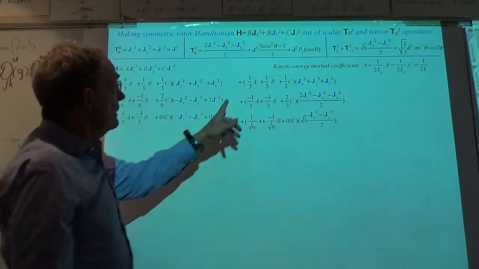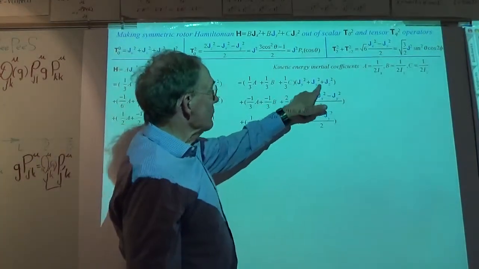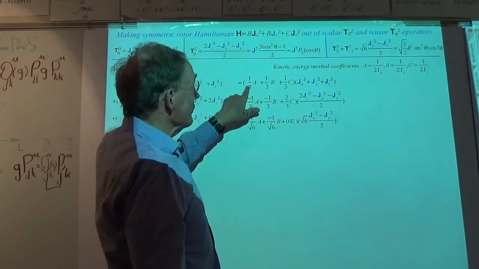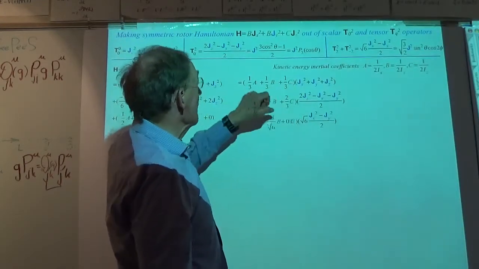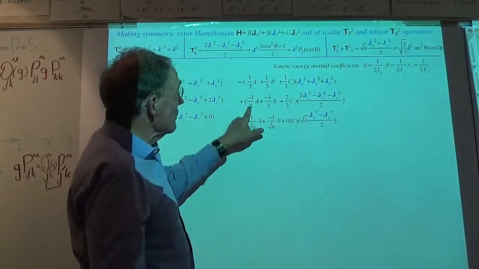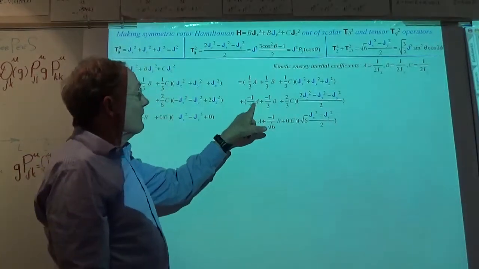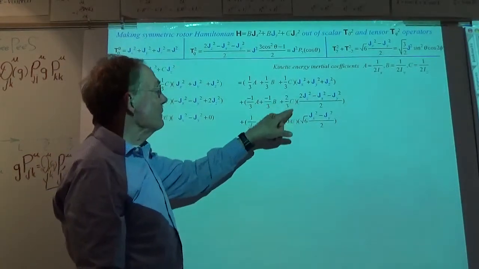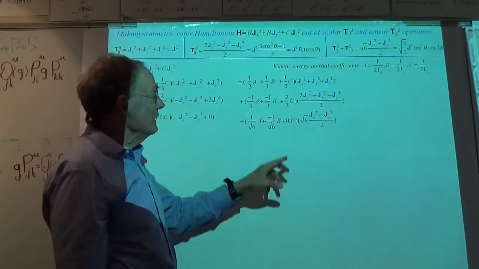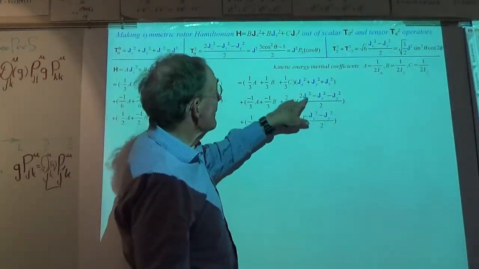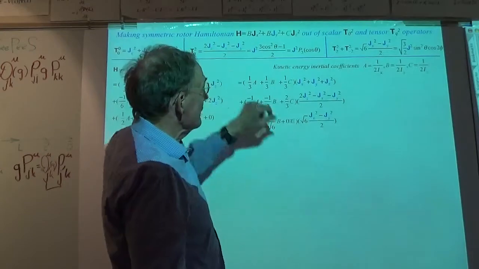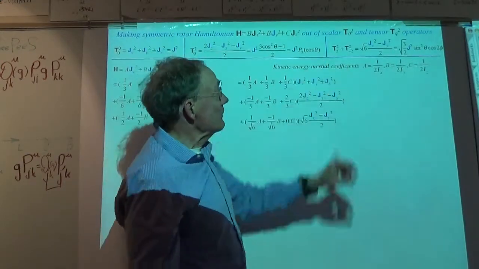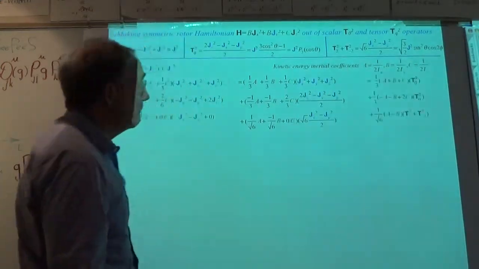So I'll get a coefficient here of this one. That's just a sum over the 3 parameters, divided by 3, and then I'll get this minus A minus B plus 2 times C, again divided by 3. That's this thing. And then finally this one right here, that's the one that's going to make it asymmetric.